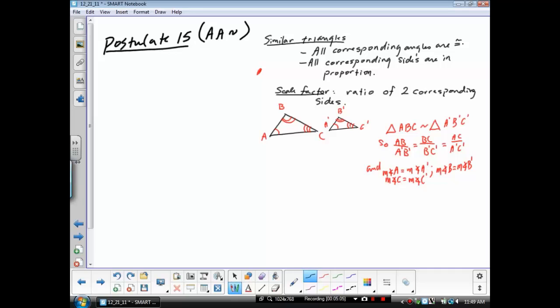Angle-angle similarity, my abbreviation. That little squiggle is similar. And what it says is if two angles of one triangle are congruent to two angles of another triangle, then the two triangles are similar.